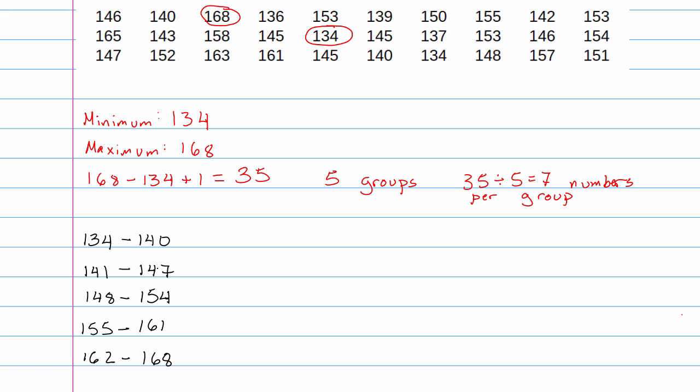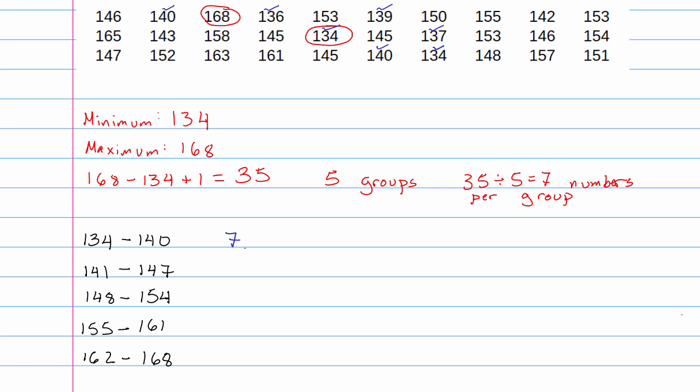And then we can count how many are in each group. So in our 134 to 140 group, I've got 1, 2, 3, 4, 5, 6, 7.